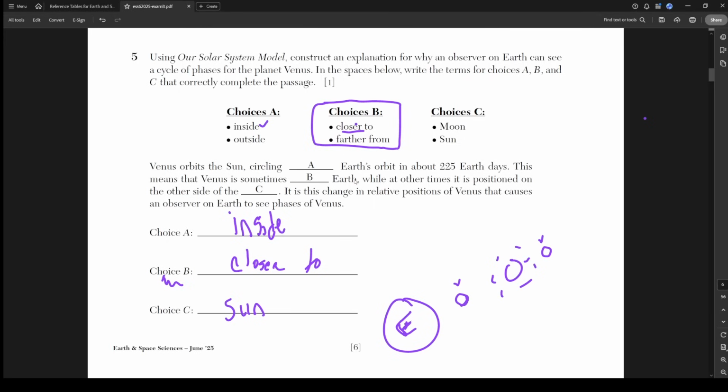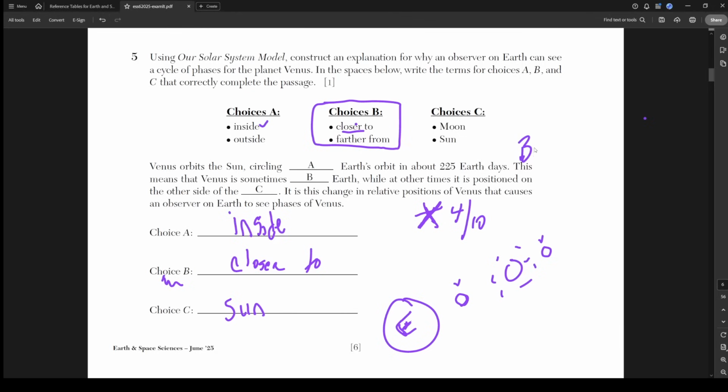So they really should say, Venus is sometimes blank Earth relative to the sun, comma, while at other times it is positioned on the other side of the sun. I mean, it's just bad for me. Okay, so I would say, forgetting the grammatical issue that I have with this paragraph, this would be like a 4 out of 10.